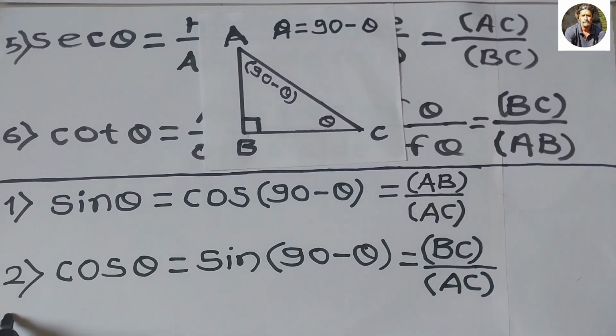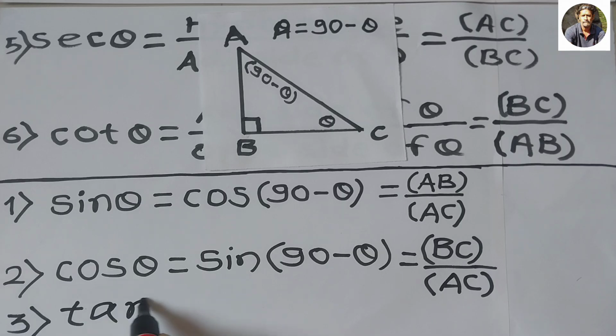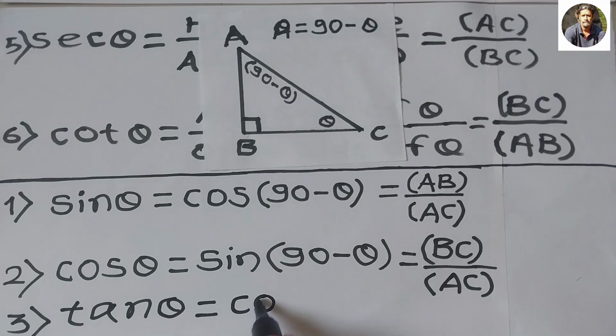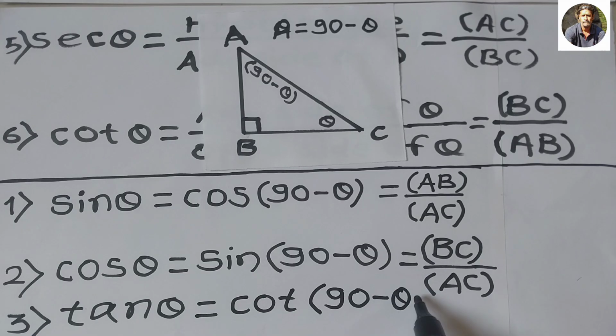Then third one, we write tan theta. Tan theta is equal to cot 90 minus theta. Then we get same ratio, same way.